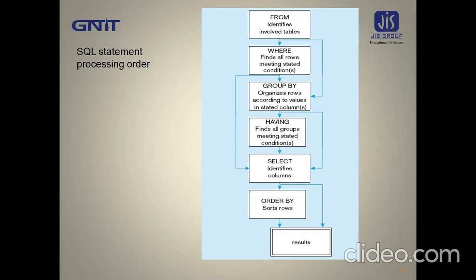So some points we need to observe: it starts from identifying the involved tables, right? From there we can directly jump to group by, from where we are finding all rows meeting stated conditions. We can jump to select, identifying columns.